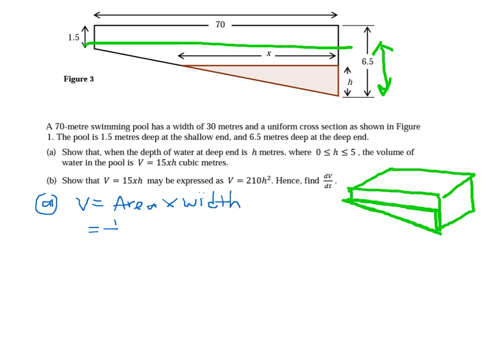It will be half times the base, x times h, and times 30, and so the outcome is 15hx or 15xh.